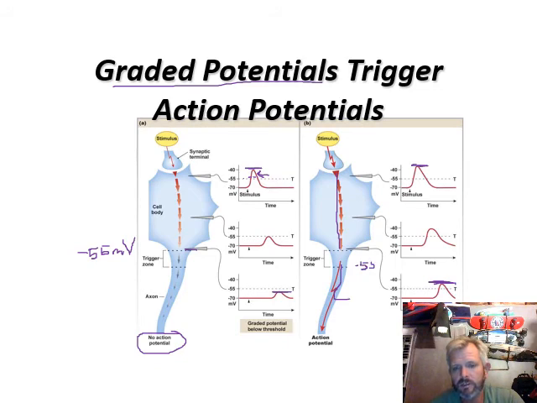We're going to trigger an action potential. Okay, we're going to trigger, boom, and we're going to see the action potential is all or none. Either it's going or it's not. There's no in between for the action potential. Either the light switch is on or the light switch is off. Here, the light switch is on, we triggered it. Here, the light switch is off because there's no action potential triggered.